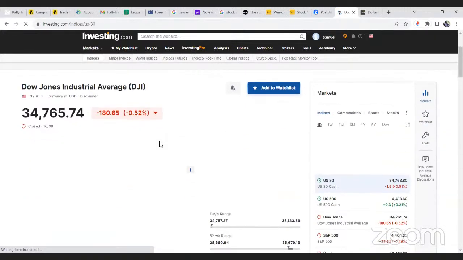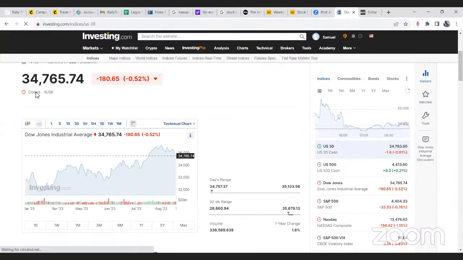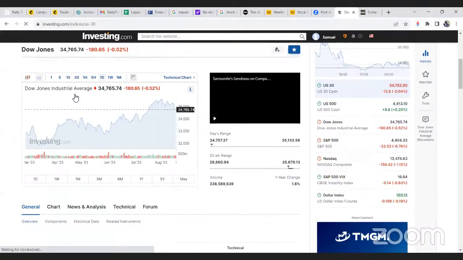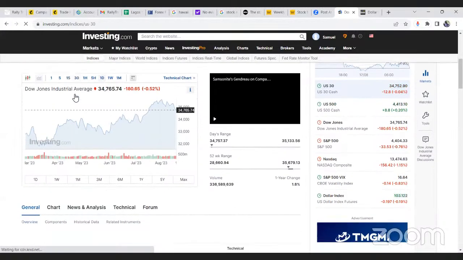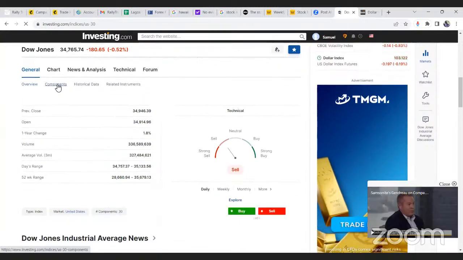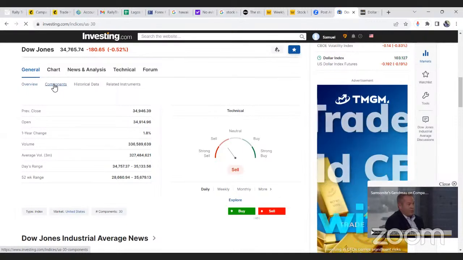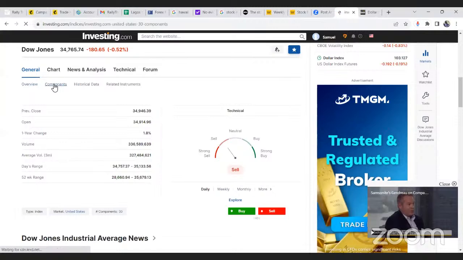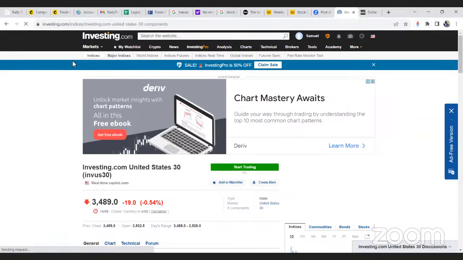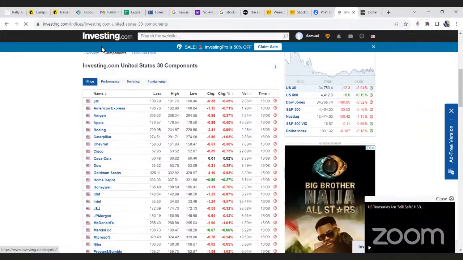At this point, you can see that it is currently showing closed here. It will be open for trading once the US session begins by 2:30. But with this page, we can look at the components of US 30. Look at this.